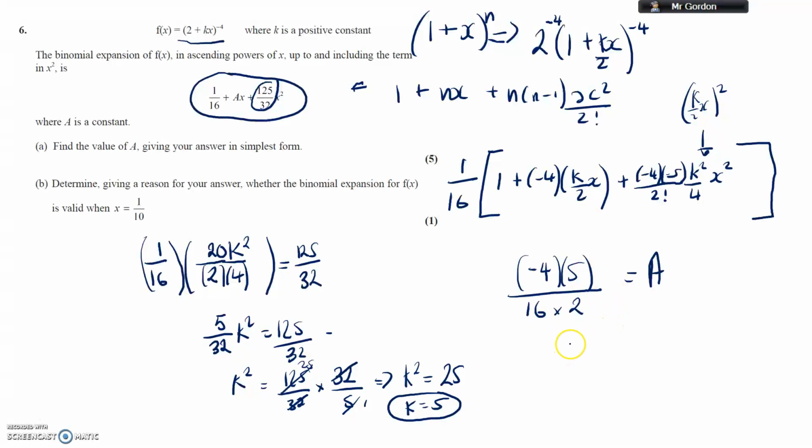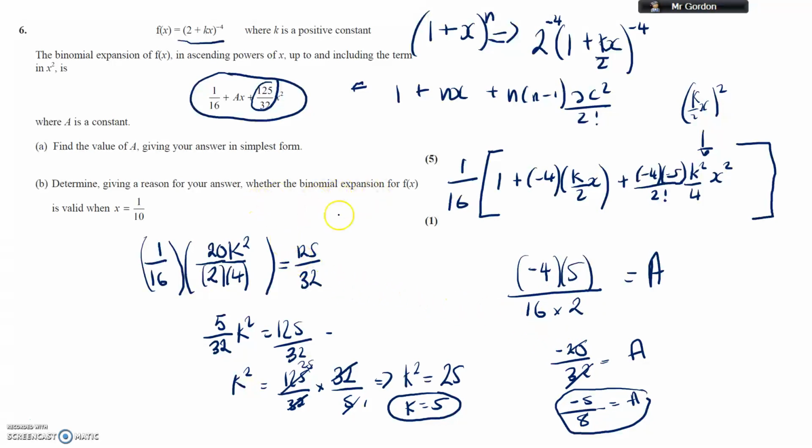So again, we're going to get minus 20 over 32 is equal to a. I mean, that's fine. We can simplify that. Divide through by 4 to get minus 5 over 8 is the value of a. There we go. Okay, and we just need to make sure that everything checks out with that.